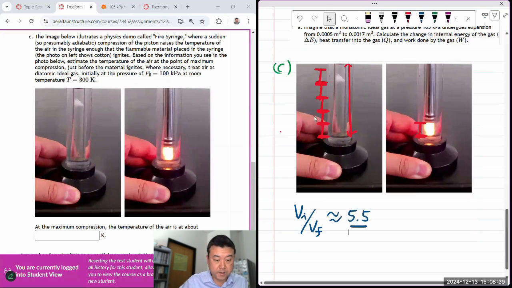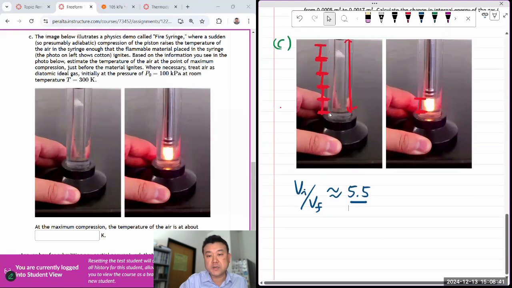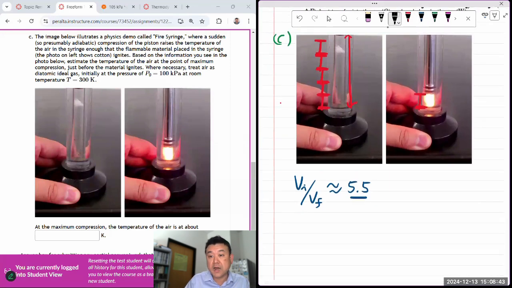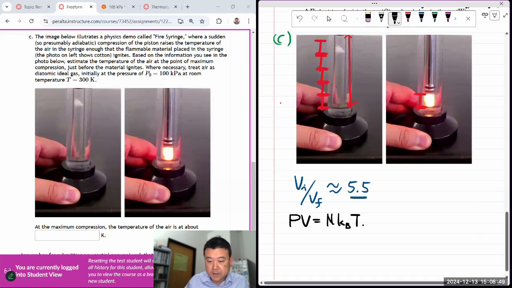So with that in mind, these are the equations that I need to use. The ideal gas law, PV is equal to N kB T. And in your textbook, there's an adiabatic process formula, which says P times V raised to gamma is constant.